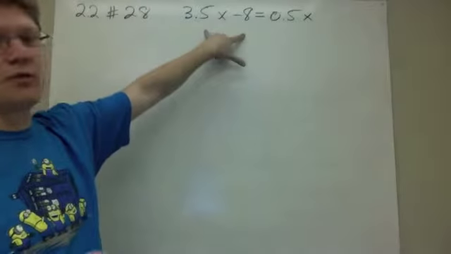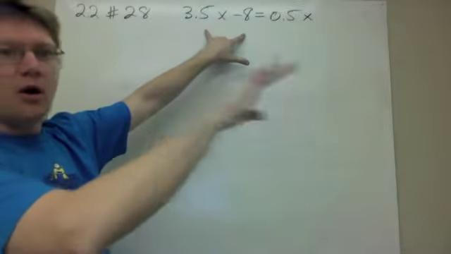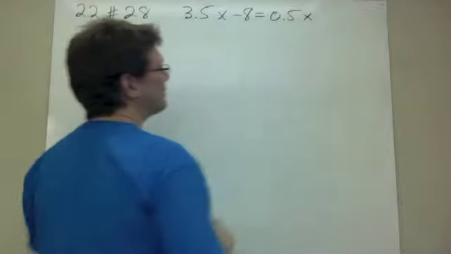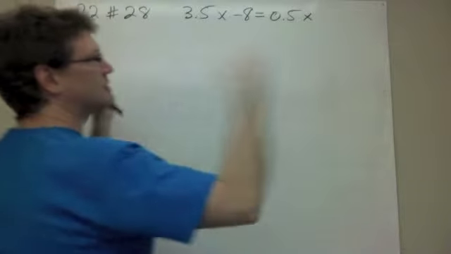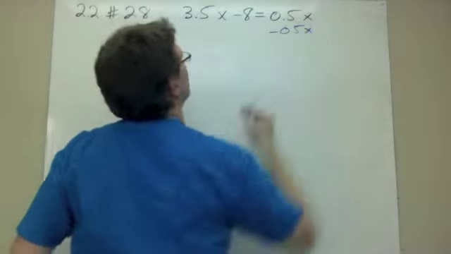Okay, so the first thing we want to do is solve this thing for x. So I want to move all the x's to one side, all the non-x's to the other. So if I subtract my 0.5x from both sides, right, you have to do the same thing to both sides to keep it an equation.